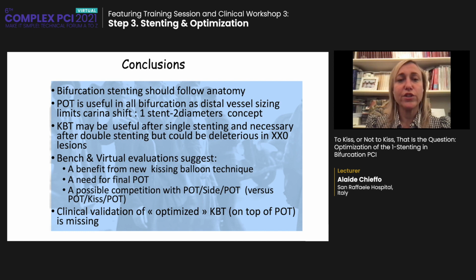Benchmark and virtual evaluation suggest a benefit from the new kissing balloon technique, the need for final POT, and possible competition of POT, side, and POT versus POT, kiss, and POT. However, clinical validation of optimized kissing balloon inflation is still missing.